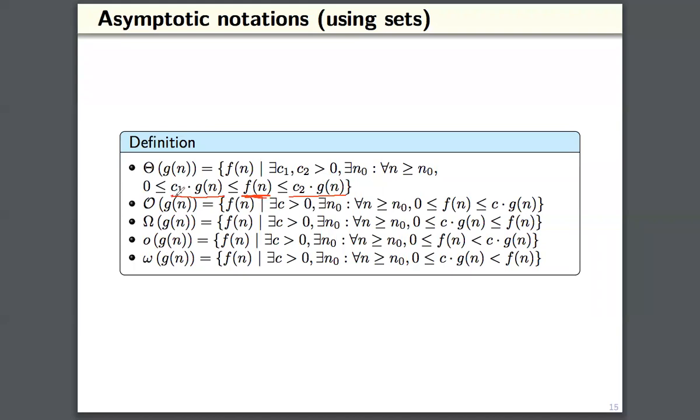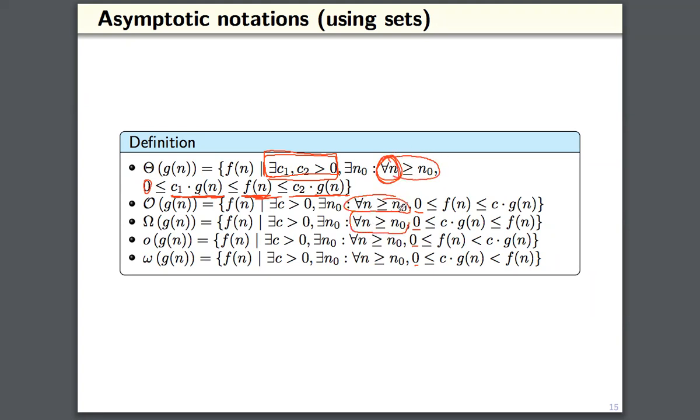And of course, both will be greater than or equal to 0 because we have defined asymptotically positive, all those things. These two constants are positive, and this is true for all n greater than or equal to n naught.